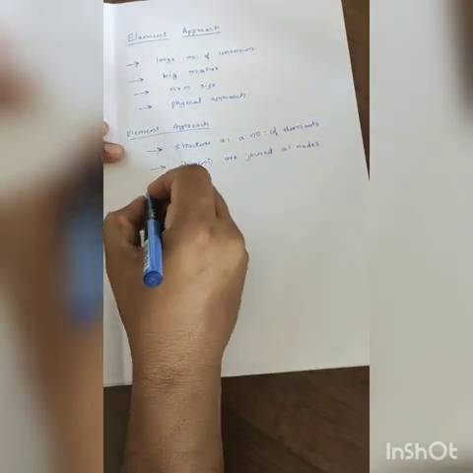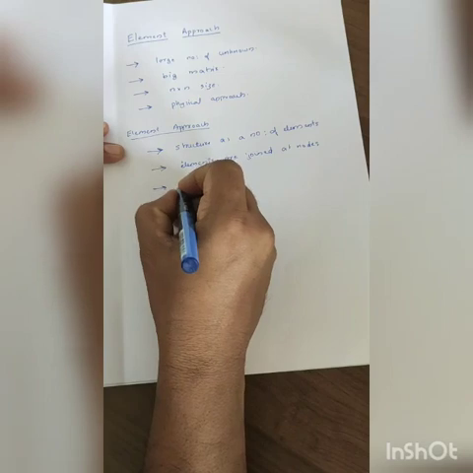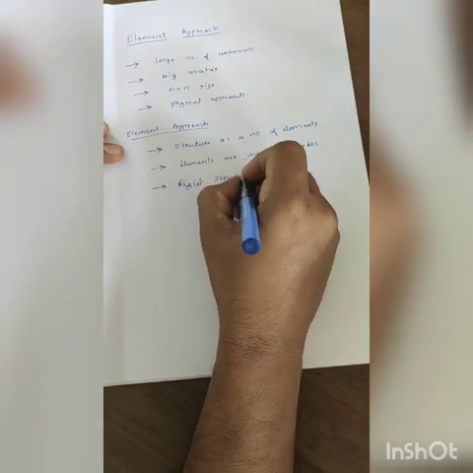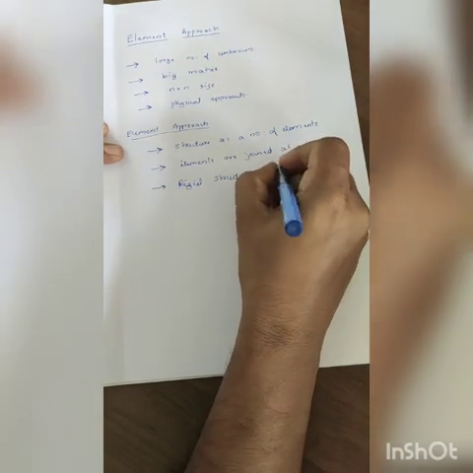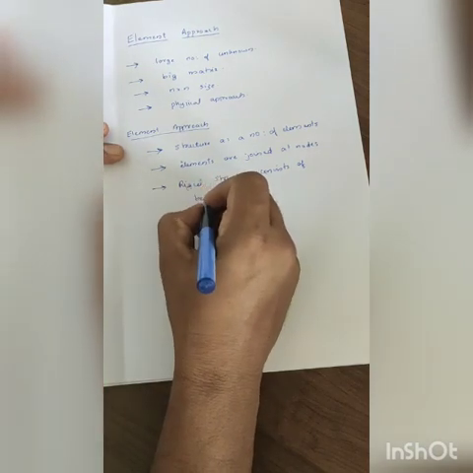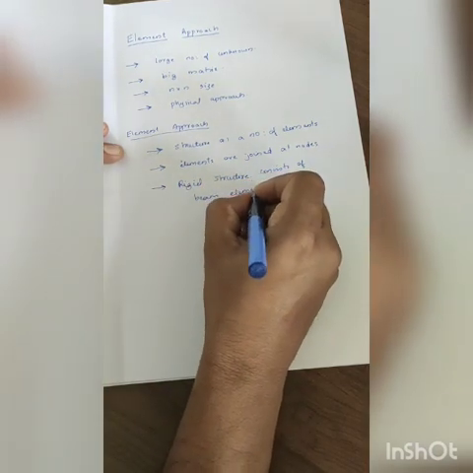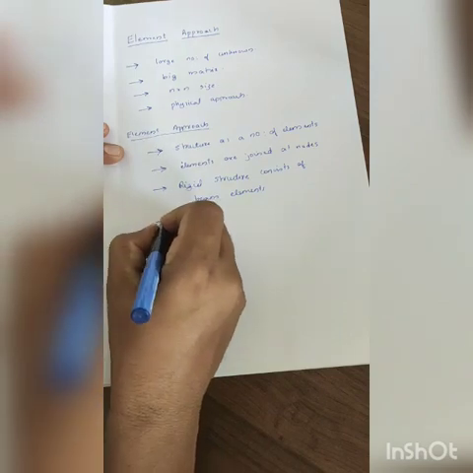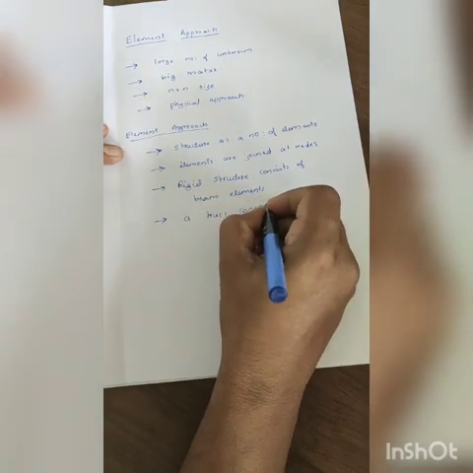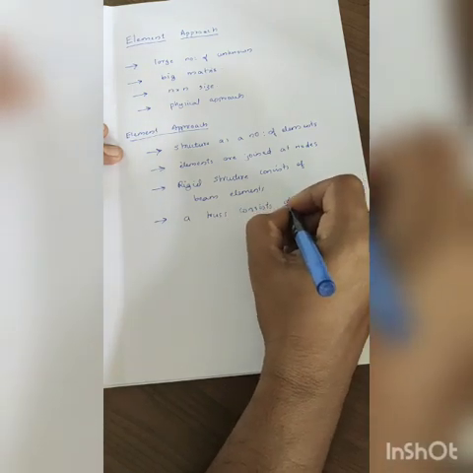So a rigid structure consists of beam elements, and a truss structure will consist of truss elements.